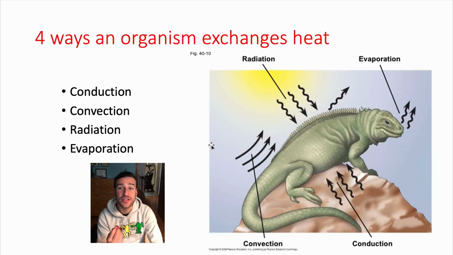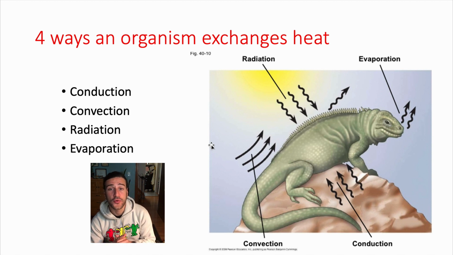One thing we need to understand, and all these terms are going to be red terms, are the 4 ways an organism exchanges heat. Through conduction, convection, radiation, and evaporation are all ways organisms exchange heat. Now, what does that mean, exchanging heat?